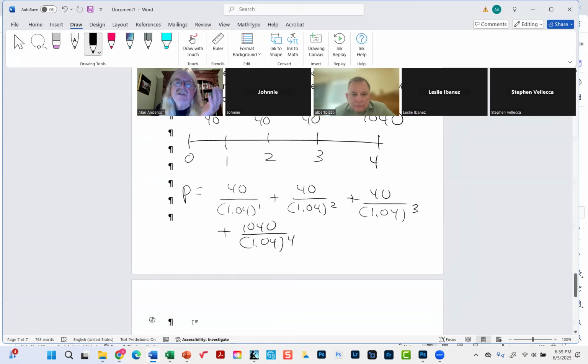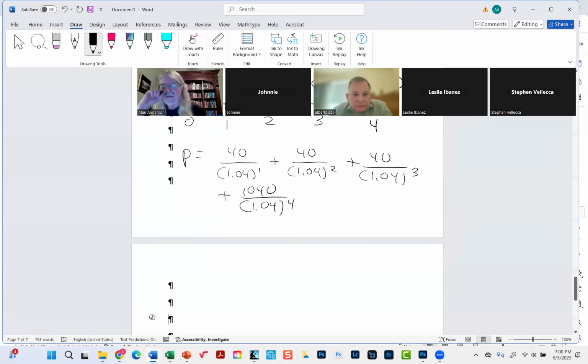Now, you could take your calculator out and figure this out, but to keep things simple, or actually, let me just do it real fast on my calculator. But in a few minutes, we're going to do this in Excel. All right, so rounding to dollars and cents, we have 38.46. The next one is 36.98.